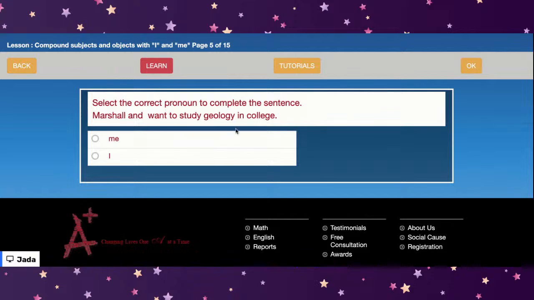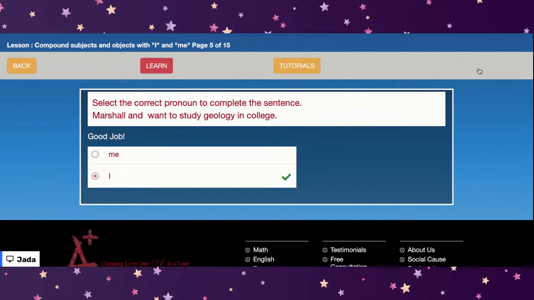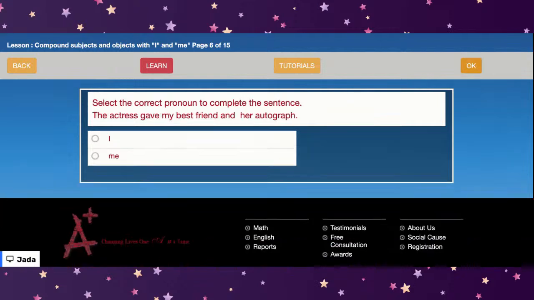Masha and I want to study geology in college. So now you can say Masha and I want to study geology, because you can say, oh, I want to study geology. Okay, so you use I. The actress gave my friend and me, or my friend and I, her autograph.